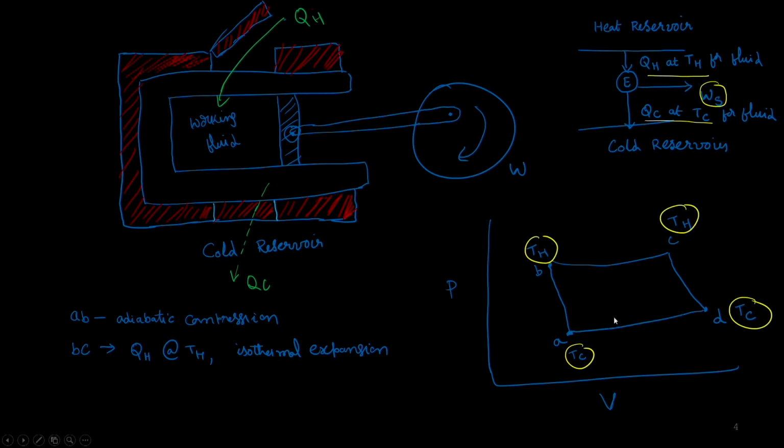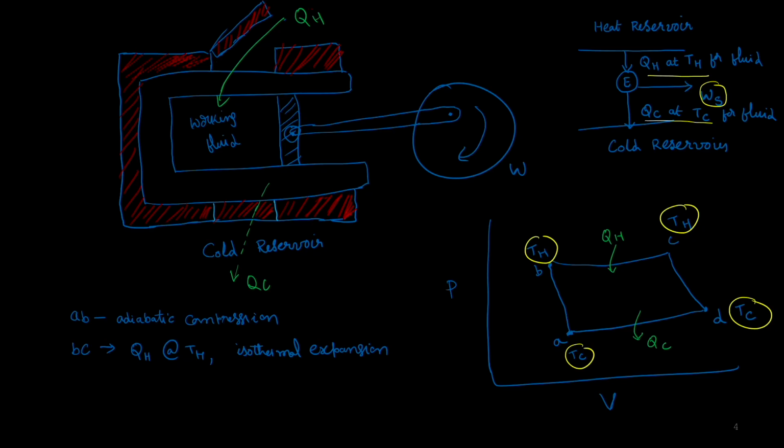When these are isothermal conditions, in one scenario we reject heat to the cold reservoir. In the other scenario, it accepts heat from the hot reservoir. So this is how my whole process looks, and then it becomes a cyclic process. By building a process using this piston and cylinder assembly, I can continuously produce some amount of work.